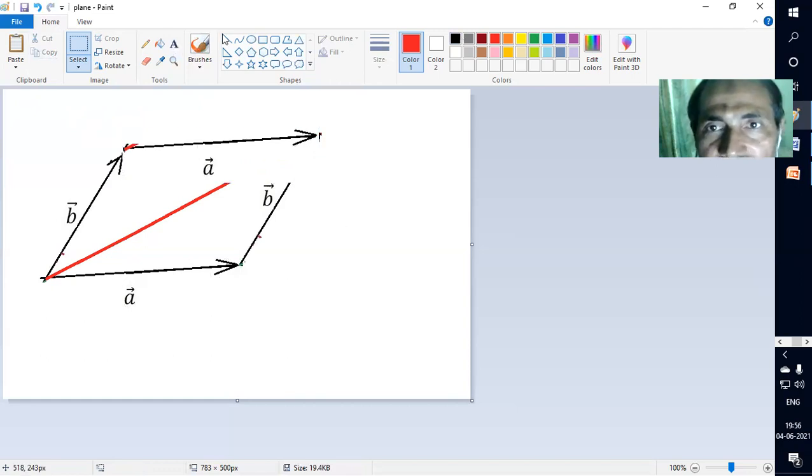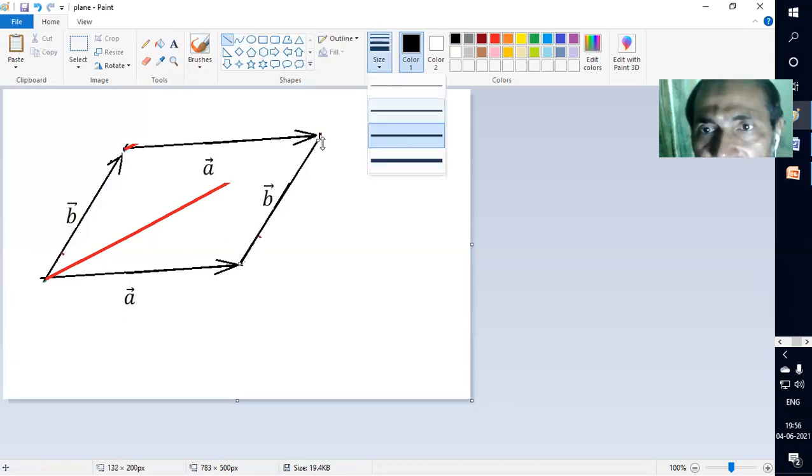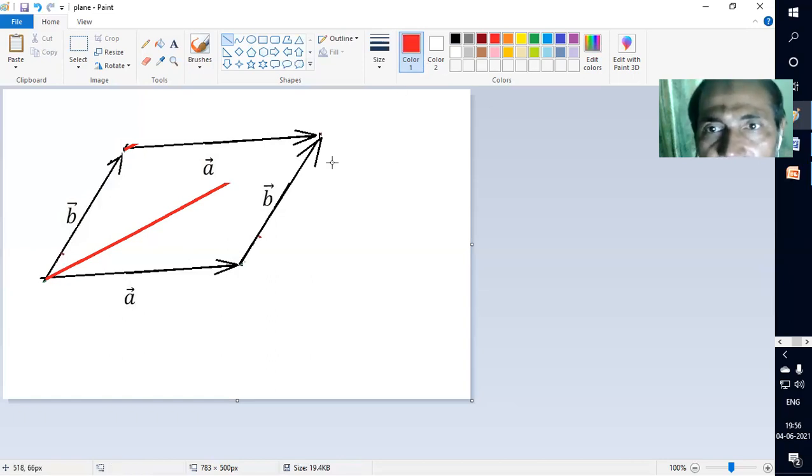Of course, this is vector B. And you know, vector A is this. And the resultant vector is this.